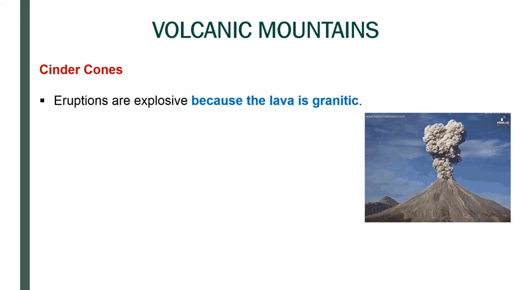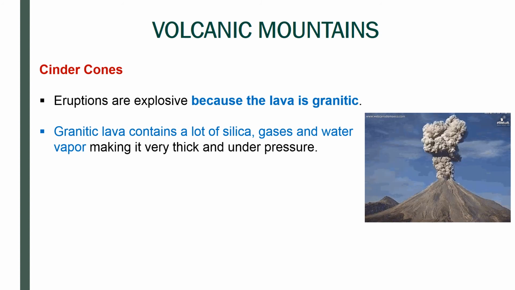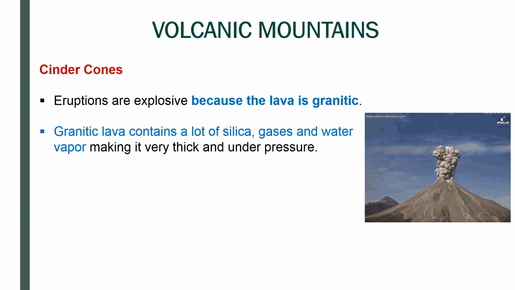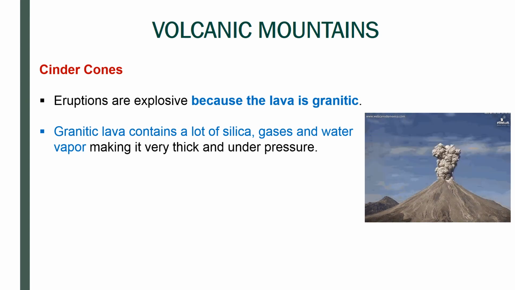The cinder cone eruptions are explosive. Why are they explosive here? They don't move smoothly like the shield volcano, because the lava here is granitic. The lava is granitic in composition, and granitic lava contains a lot of silica and gases and water vapor, which makes it very thick and always under pressure.